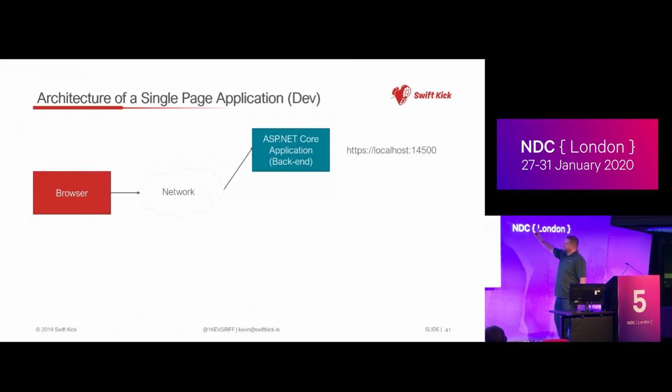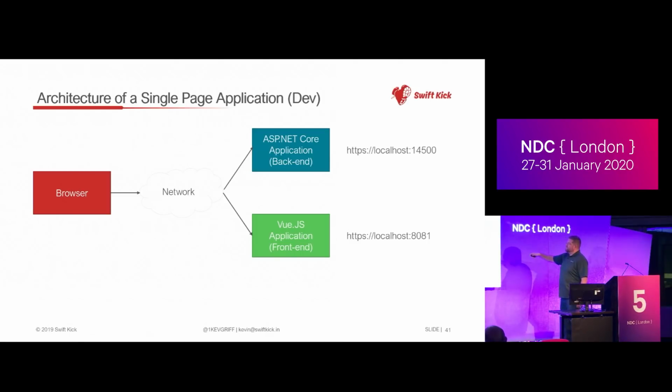We have our ASP.NET Core app running on one port, and we have our VueJS app running on another port. That means if I'm running this locally, my VueJS app, for any AJAX request it makes, has to go to the network, to my ASP.NET Core app. So I have to tell it everywhere, here is the URL for the application that I'm running.